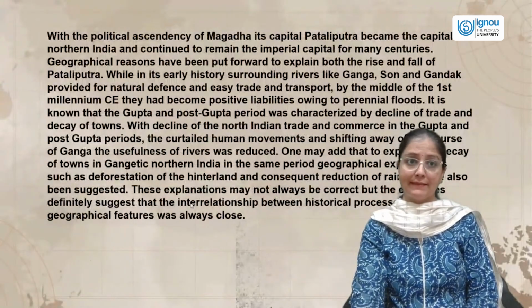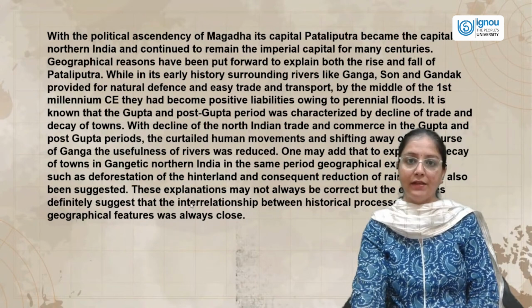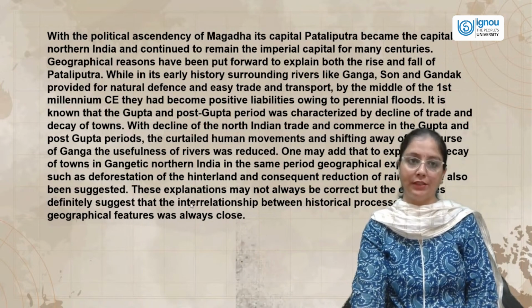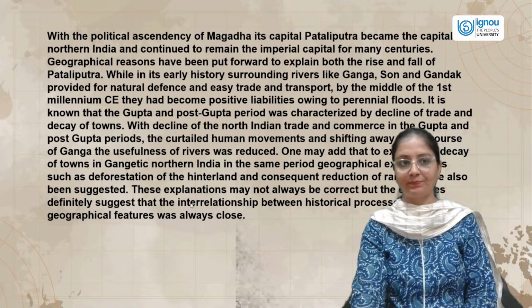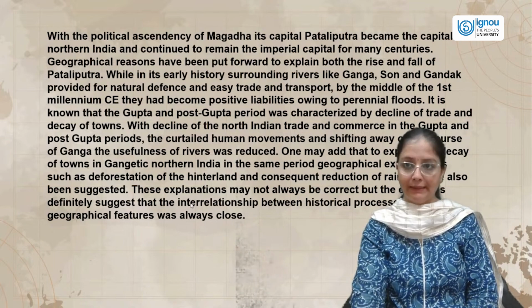With the political ascendancy of Magadha, we are talking about Magadha, and the capital of Magadha is Pataliputra. Pataliputra became the capital of northern India and continued to remain the imperial capital for many centuries. Geographical reasons have been put forward to explain both the rise and fall of Pataliputra.